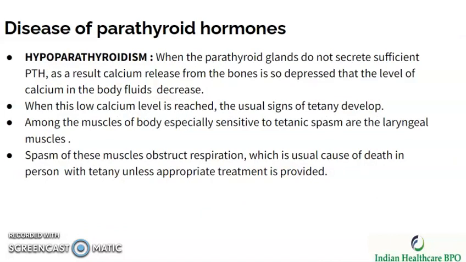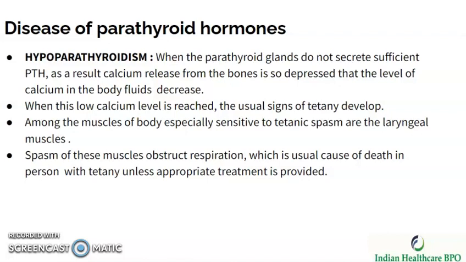Hypoparathyroidism. When the parathyroid gland does not secrete sufficient PTH, that means parathyroid hormone, calcium release from the bone is so depressed that the level of calcium in the body fluid decreases.